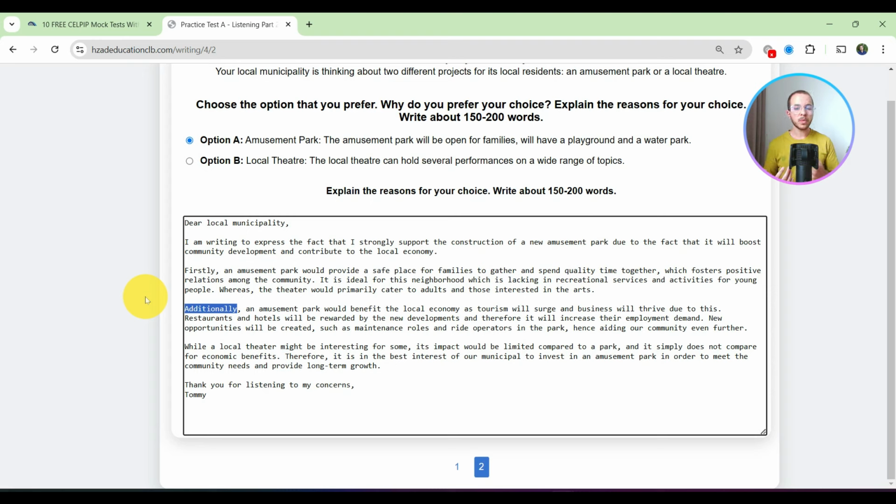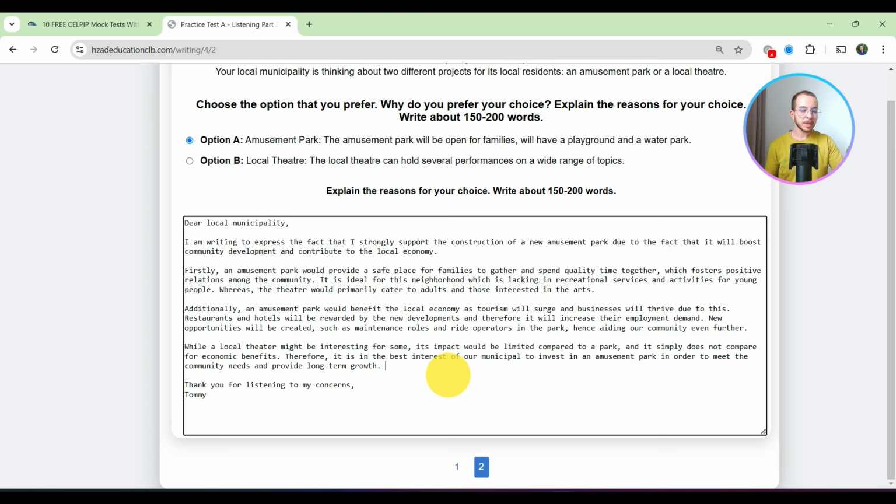Additionally, an amusement park would benefit the local economy as tourism will surge and businesses will thrive due to this. Restaurants and hotels will be rewarded by the new developments, and therefore it will increase their employment demand.